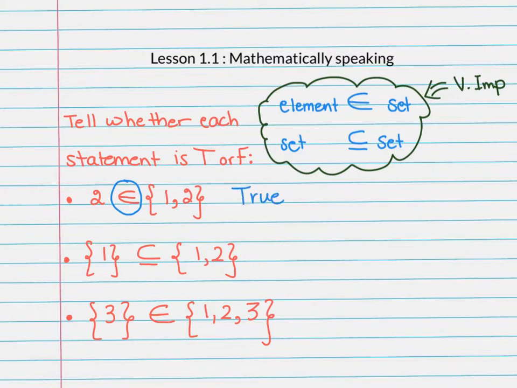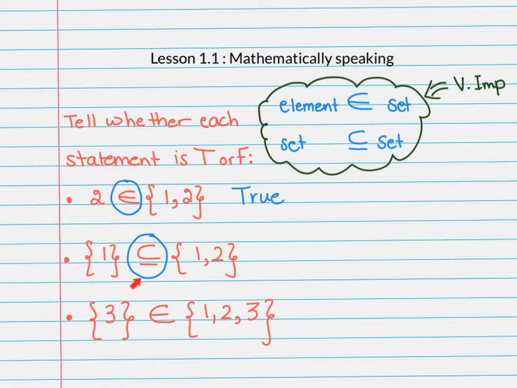Moving to the second statement. It says, set that has element 1. It's a set because I have curly brackets. Subsets. I'm using the symbol subset. The set that has two elements, 1 and 2. I have two conditions. I'm using the symbol subset.